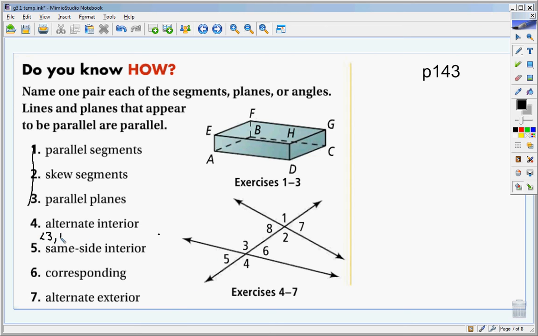Angle 3 and angle 2 would be one pair. 8 and 6 would be the other pair. 8 and 6, 3 and 2. Same side interior. Angle 6 and angle 2 would be good. And the other pair would be 3 and 8.